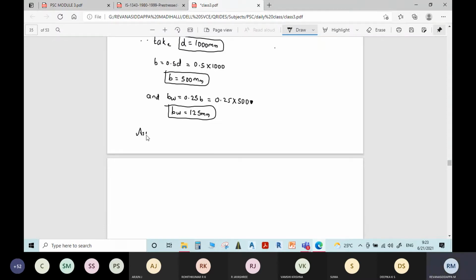Assume HF by D is equal to 0.2. HF divided by 1000 is equal to 0.2. Therefore, HF is equal to 200 mm.